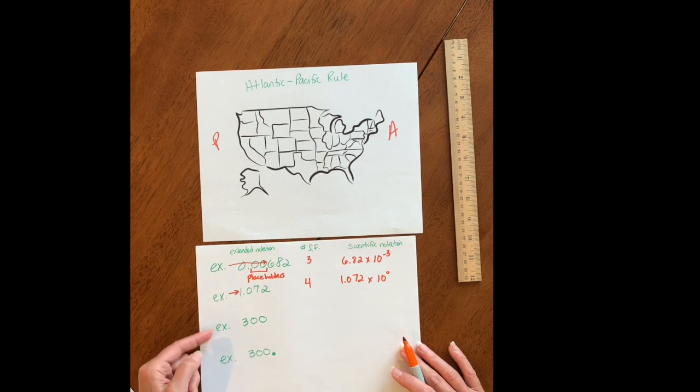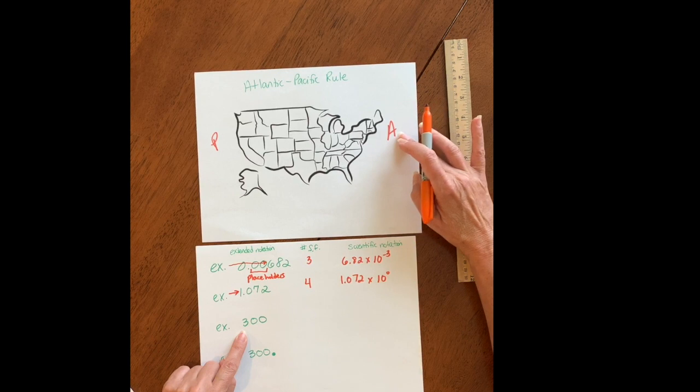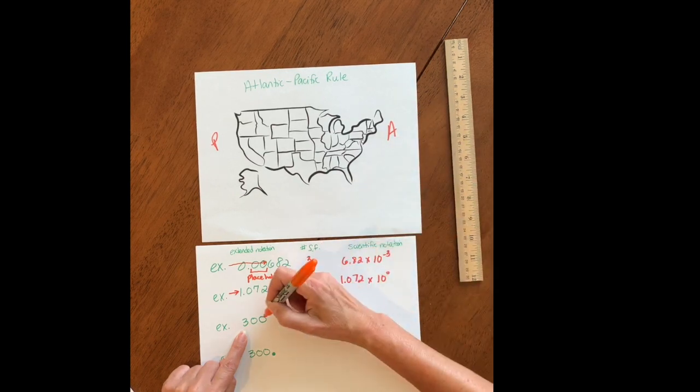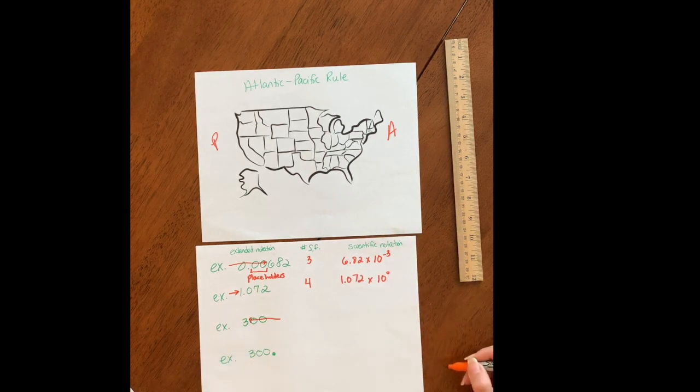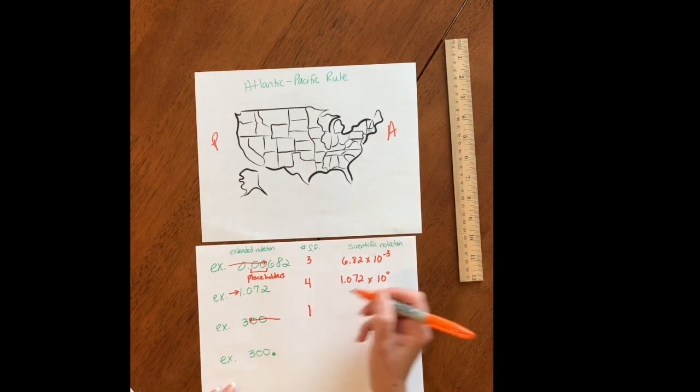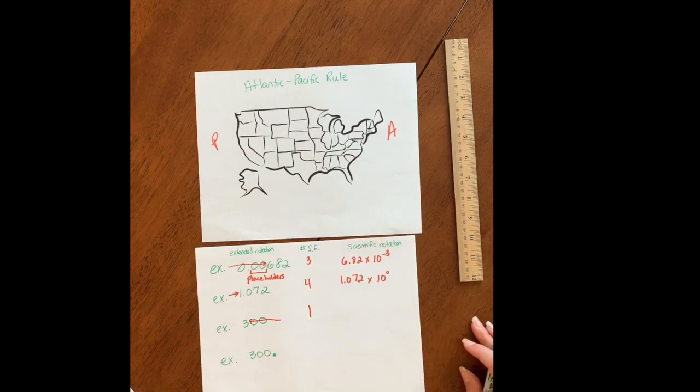Now let's look carefully at these 2 examples, 300 with no decimal point and 300 with a decimal point. Well, the decimal is absent. I'm on the Atlantic side. I'm going into the first non-zero number. There is only 1 sig fig there.